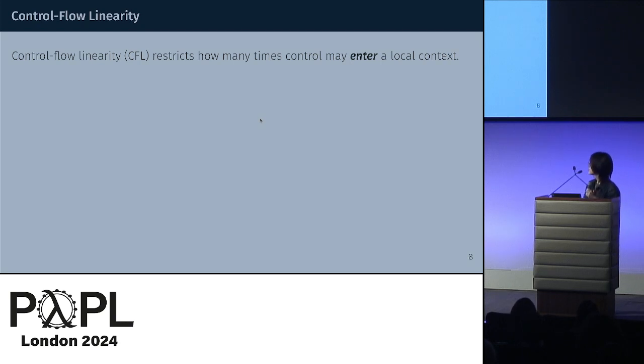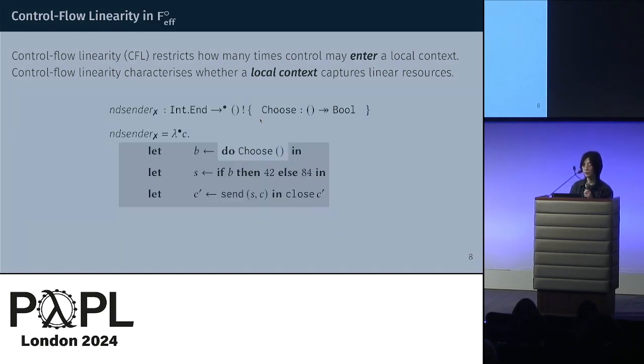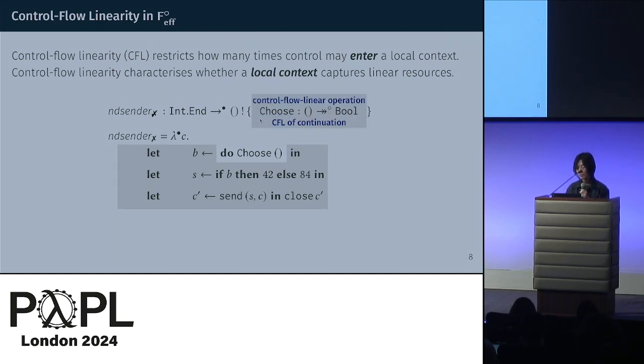So to resolve this, we need control flow linearity, which restricts how many times the control may enter a local context. Or it characterizes whether a local context can capture some linear resources or not. So for example, for the non-deterministic sender, the continuation of truth is a control flow linear local context because it captures a linear variable. And we track this information in the effect type. The truth operation is annotated as a control flow linear operation, which essentially means that the continuation of truth is control flow linear.